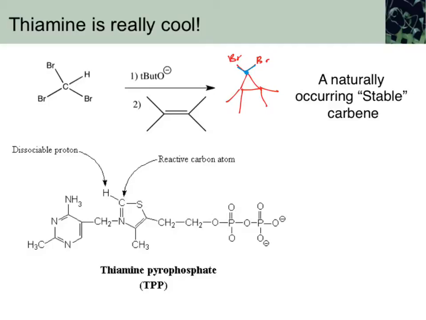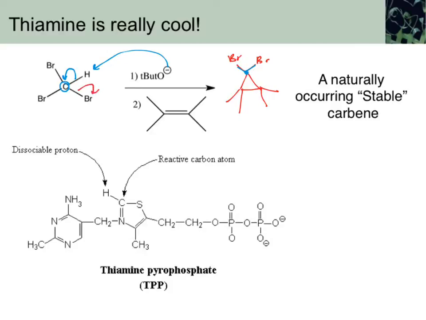That carbon, which came all the way back from over here, ends up acting as both a nucleophile and an electrophile. The base removes the hydrogen. The carbon now has electrons. Bromine is a great leaving group.